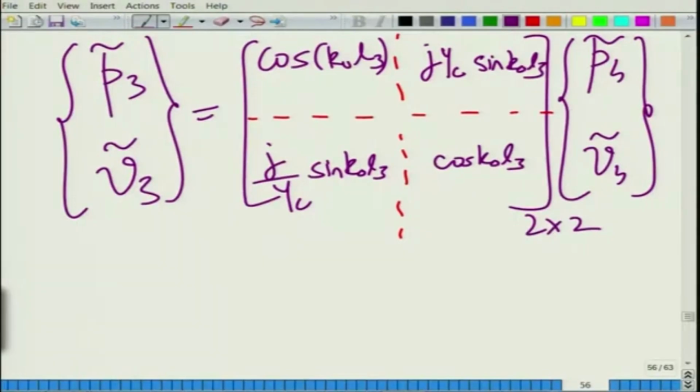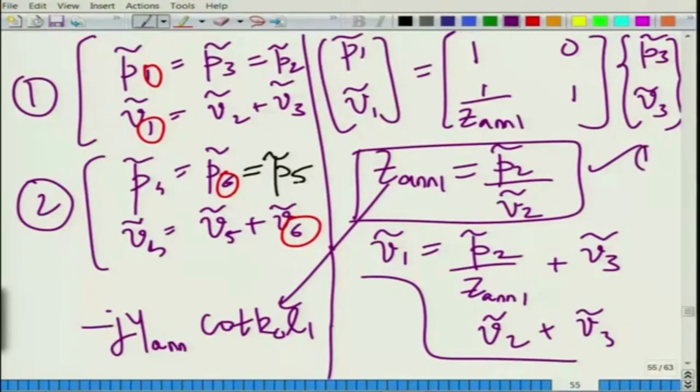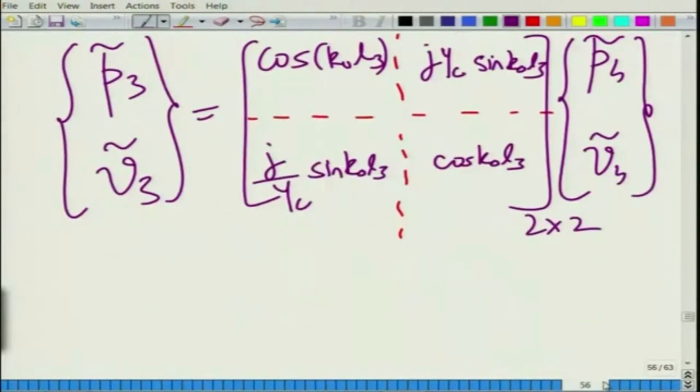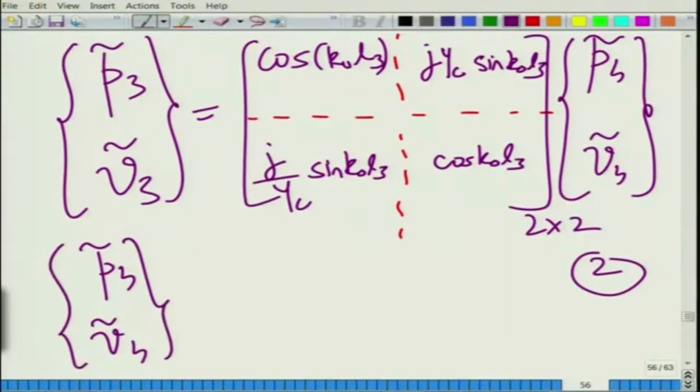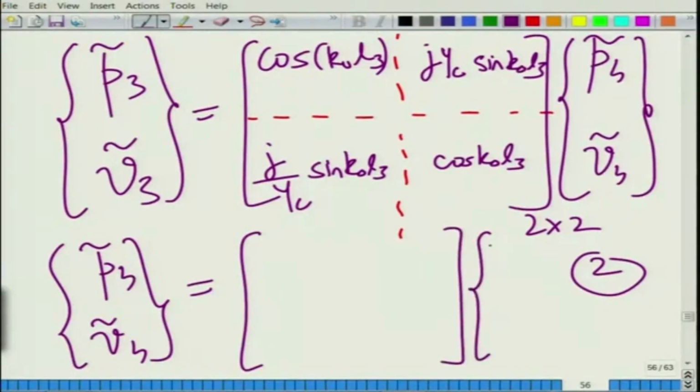Let us name this relation 1, and this equation 2. Obviously the relation between the variables at the outlet is the following. It is easy to guess this: P 6, V 6.